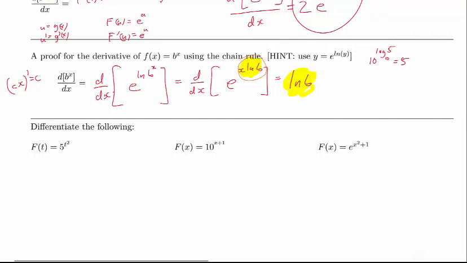All right, so then we just write everything else as it was, e to the natural log of b times x, and so this becomes the natural log of b times e raised to the natural log of b times x.